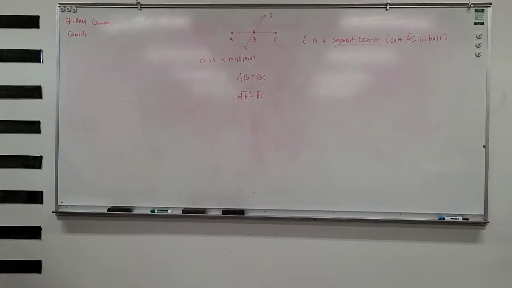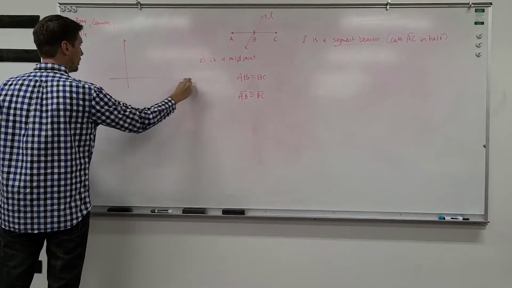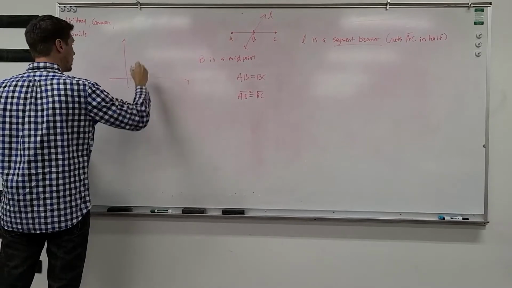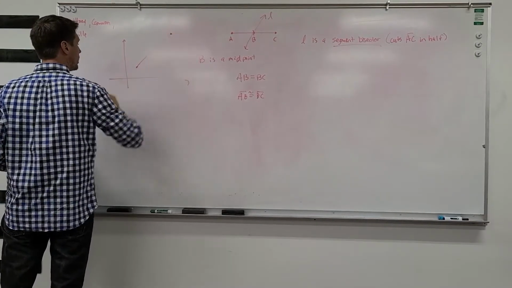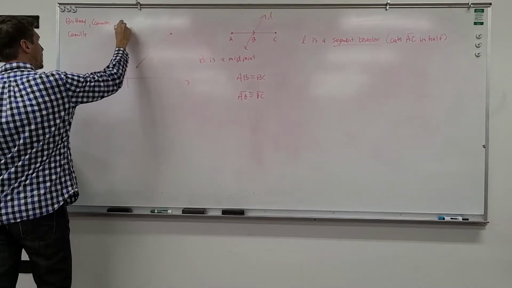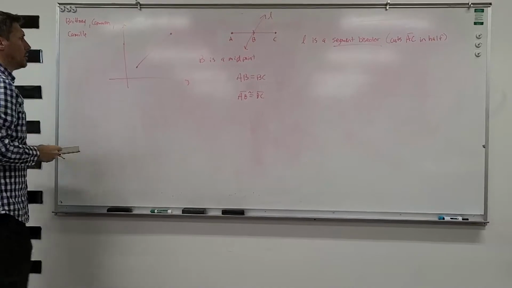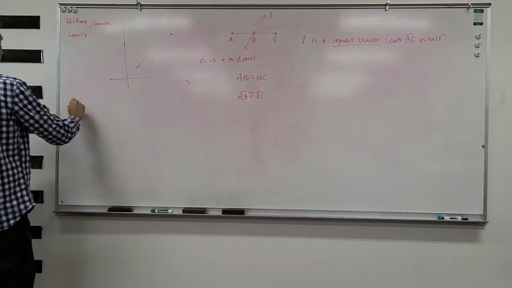All right, so what if we have a graph of a line, and let's say the line runs from here to here, and we want to figure out what the midpoint is of that line. The way that we would go about finding that is we would use the midpoint formula.